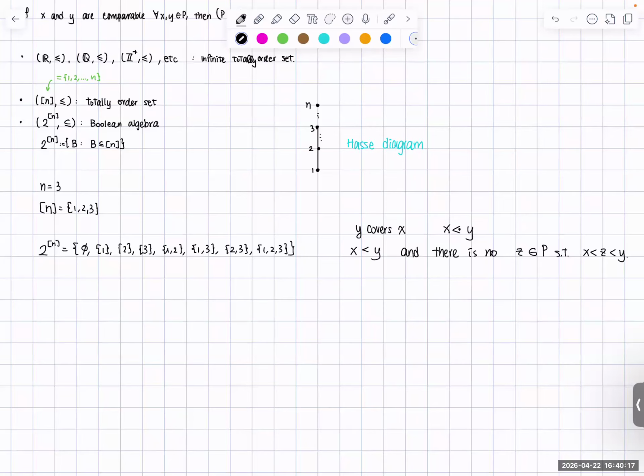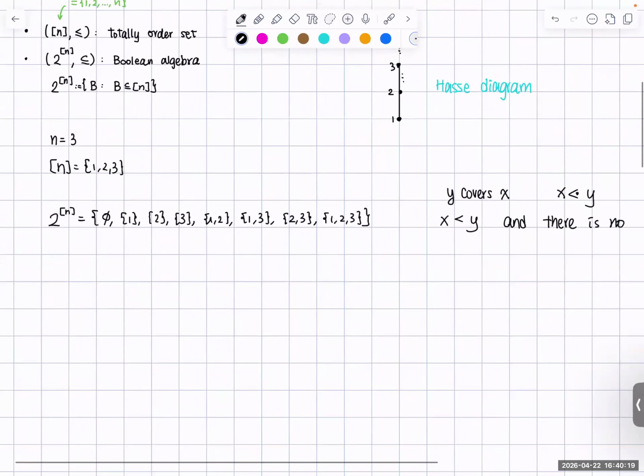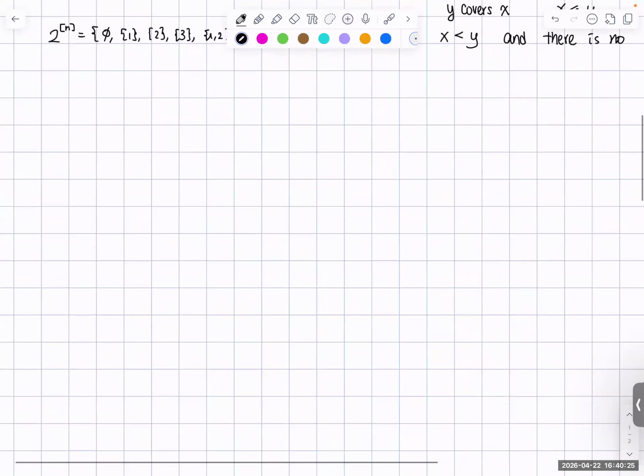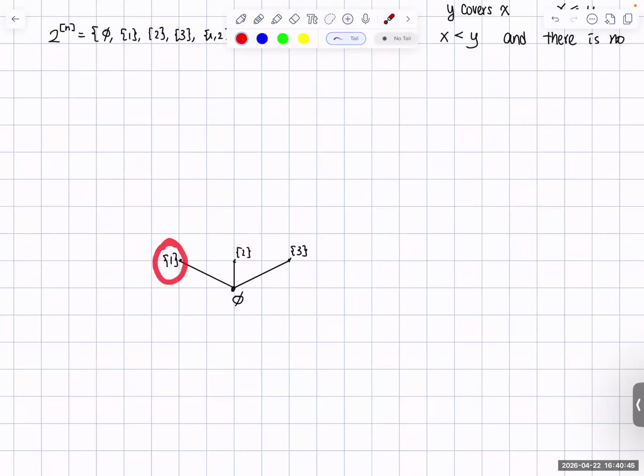All right. Using this, if we want to draw the Hasse diagram of the Boolean lattice, or the Boolean algebra, you can see that we start with the empty set, and then you have {1}, {2}, and {3}. They will be directly related to the empty set, because there's nothing smaller than {1}, {2}, and {3}.